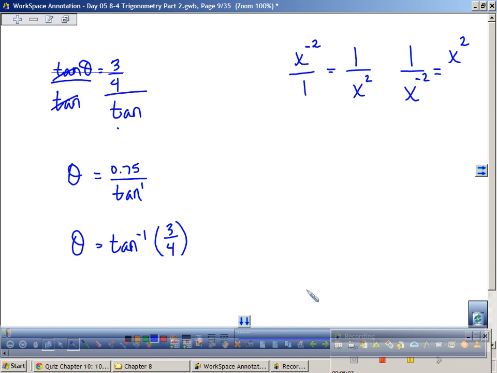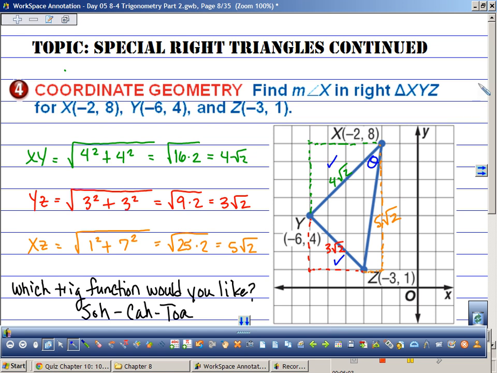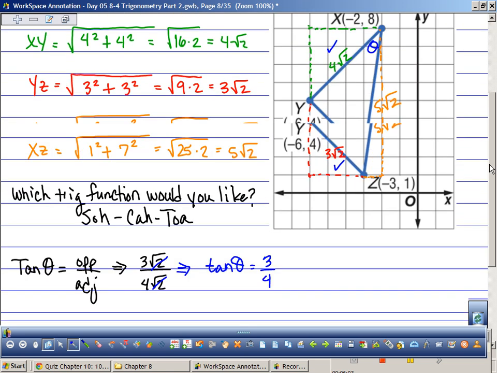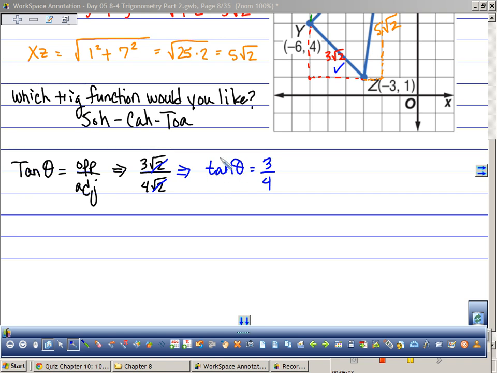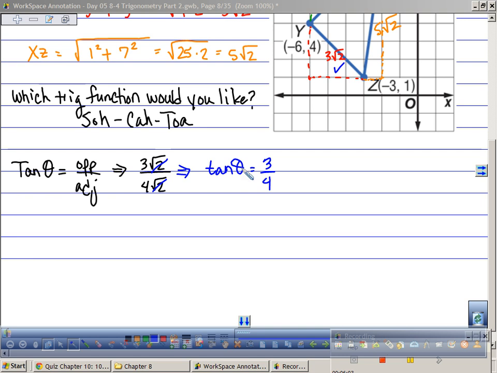And nobody ever showed that to me before. So, back to here. Hold on, we're not done. I'm just showing you why it works. So whenever you have something where it says the tangent of theta equals something, and you're trying to find the angle, all you need to do is say the angle is equal to the inverse of tangent 3/4.